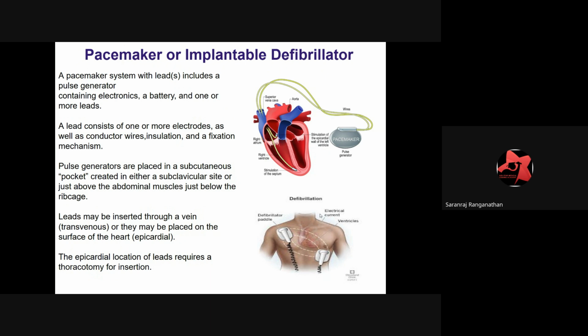But when we use defibrillation means if a patient gets an arrhythmia or cardiac arrest, in that scenario, to activate the heart, they will use the defibrillation. The pacemaker is to maintain the rhythm. The defibrillator we use to activate the heart. Okay, so that is the difference between the pacemaker and the defibrillator.